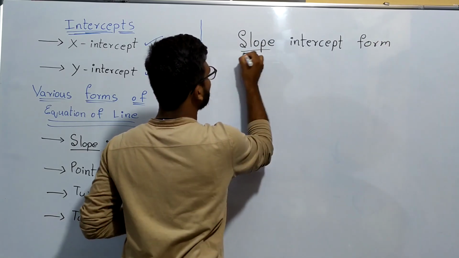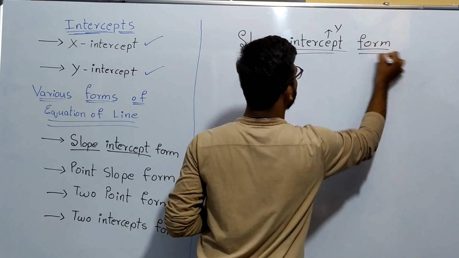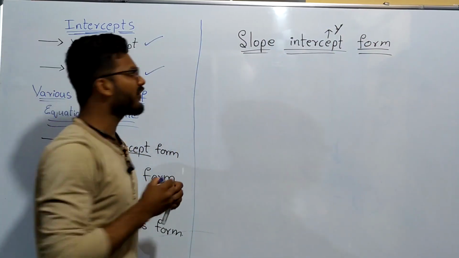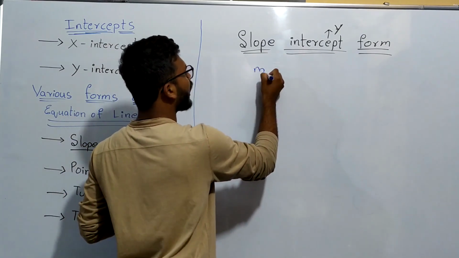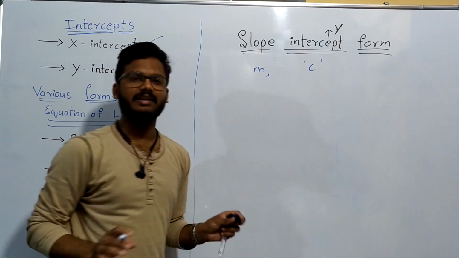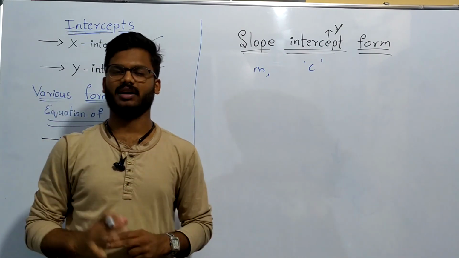How can we find it here? In this, the intercept is nothing but the y-intercept. This we have to keep in mind. Suppose the slope of the line is m and the y-intercept is c. We generally denote the y-intercept as c. How can we find the equation of the line?